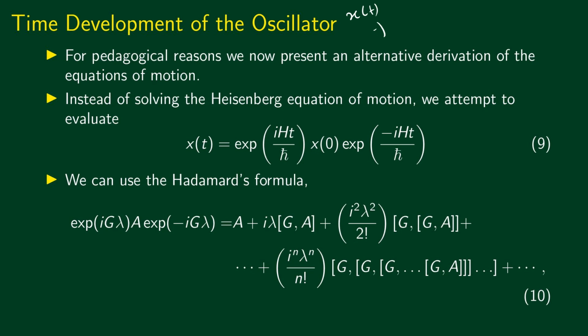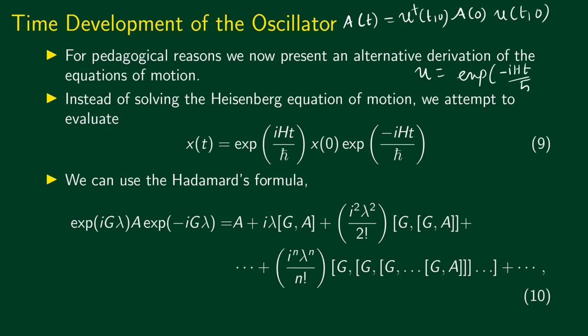When we discussed the Heisenberg picture of time evolution, we said that the Heisenberg picture operator at time t is related to the Heisenberg picture operator at time t equal to 0 by this relation. A of t is equal to u dagger of t comma 0, A of 0 multiplying u of t comma 0. And in our example, u has the form exponential minus iHt divided by h bar.